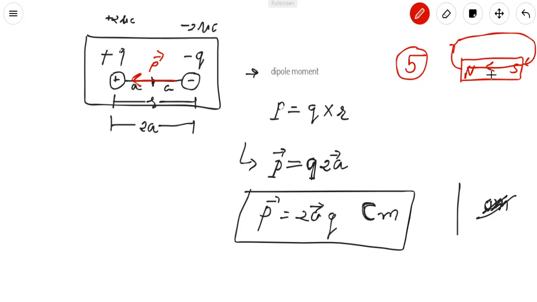To compare this situation to our dipole situation, like positive and negative, we must decide the direction of dipole moment as negative to positive, just like south to north.